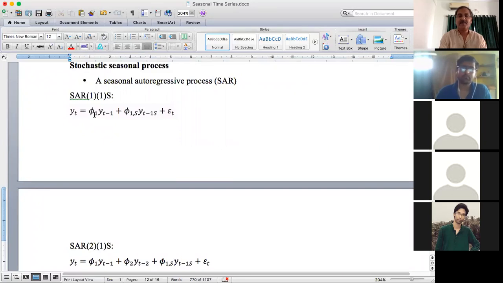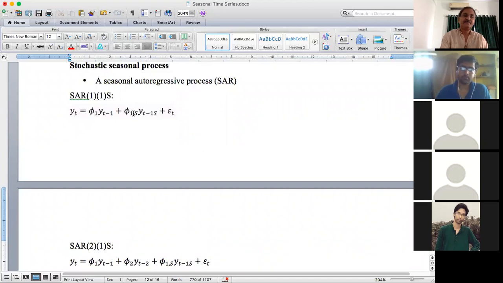You have to keep in mind, in AR1 only. If you have AR2, the coefficient of y t minus 1 equal to 1 does not imply the presence of a unit root. So this coefficient equal to 1 indicates a unit root only for AR1.